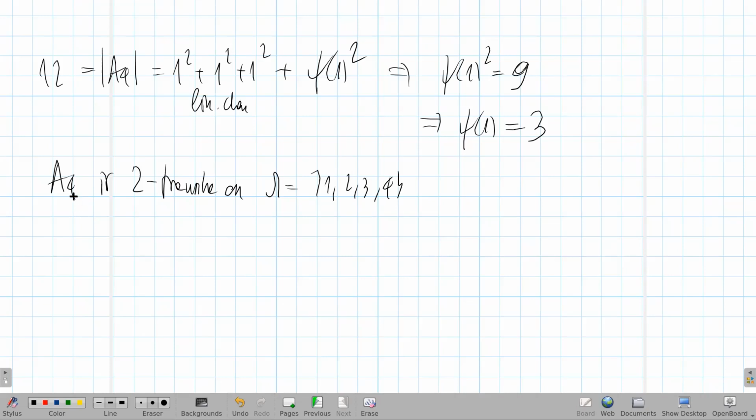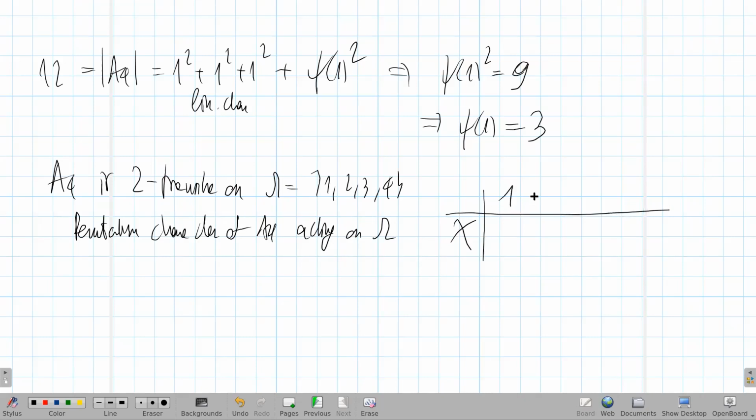Since n is 4 here, n minus 2 is 2, so it's 2-transitive. So what's the permutation character of A4 acting on omega? Well, we call it chi. Here we write the conjugacy classes.